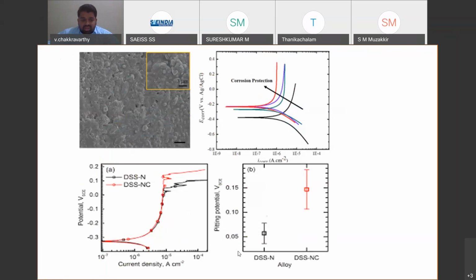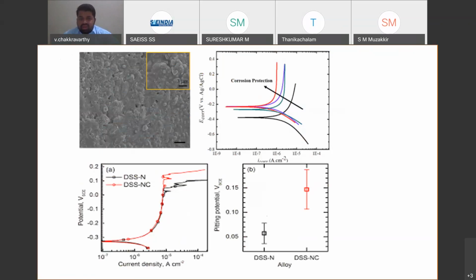Then in the third figure, the red color line has a very high corrosion potential as compared to the black one. So this red graph indicates that the material is highly corrosion resistant as compared to the black one. So by seeing the graph, we can tell which material is corrosion resistant.